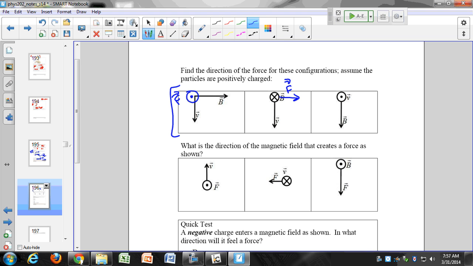That's to the right, isn't it? You're going to spin your finger around. The V is coming out of the page. Did I do this wrong? All right. So what do we say on this one? Right. That's right.